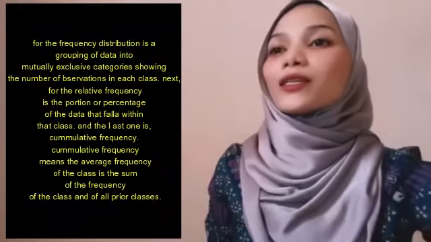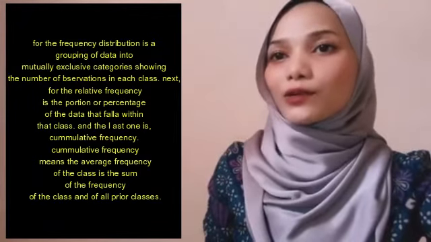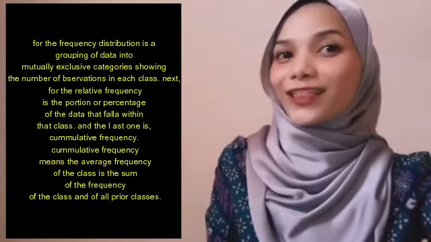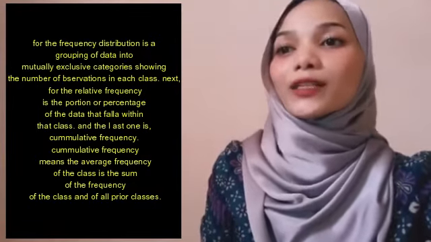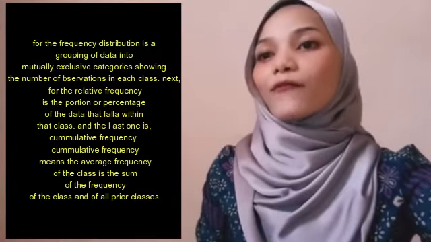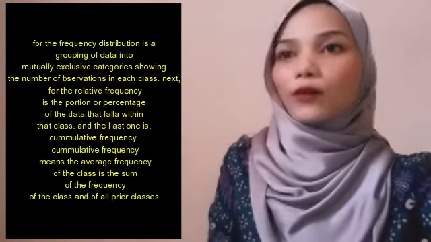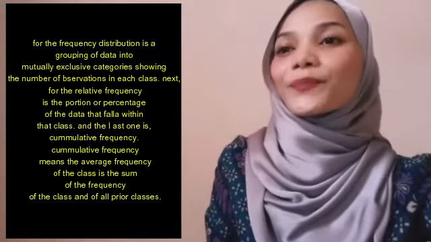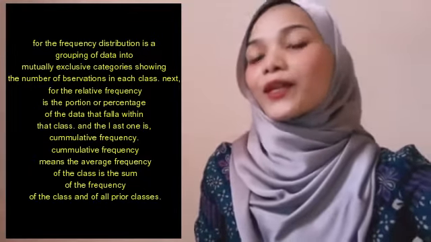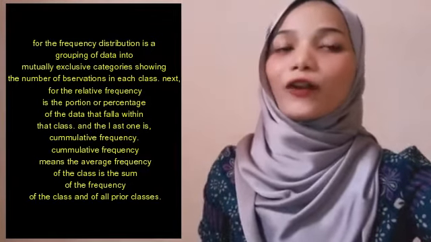Frequency distribution is a grouping of data into mutually exclusive categories showing the number of observations in each. Next, relative frequency is the portion or percentage of the data that falls within the class.